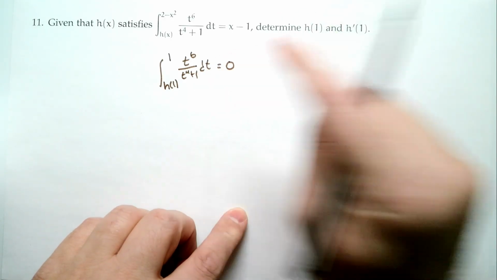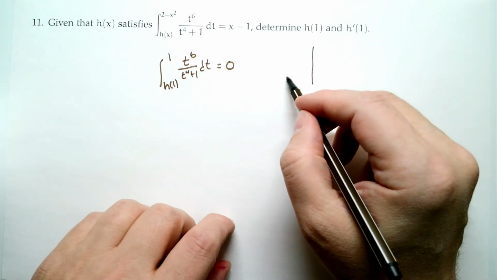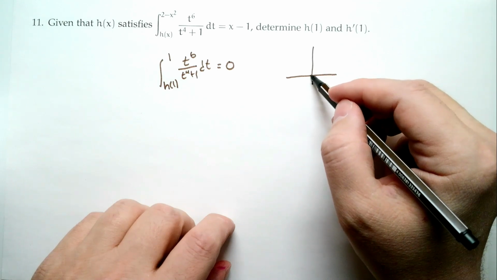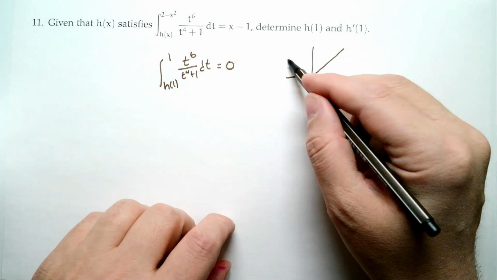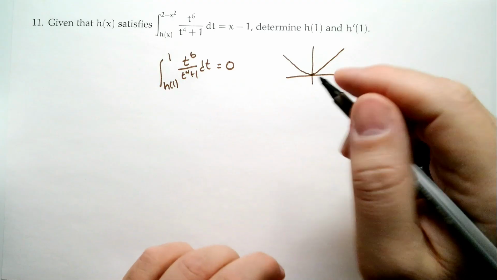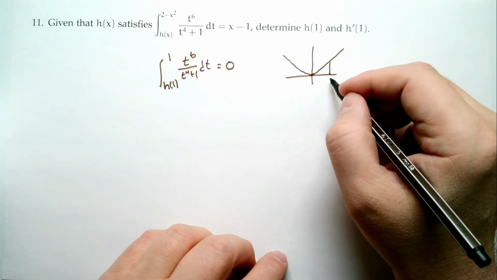Now, if I think about this function, t to the 6 over t to the 4th plus 1, I don't know exactly what it looks like. I do know it's going to be 0 at 0, and otherwise it's going to be positive. It's going to do something vaguely like that. And this says I'm definitely going to end at 1.